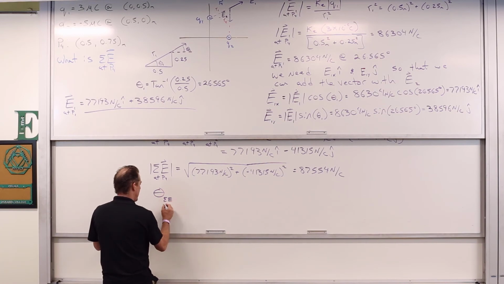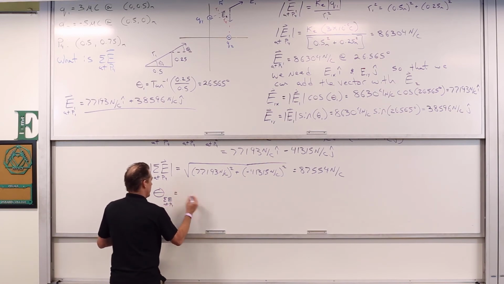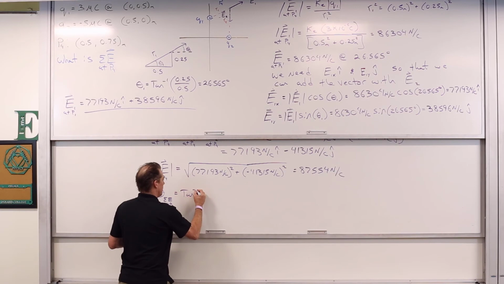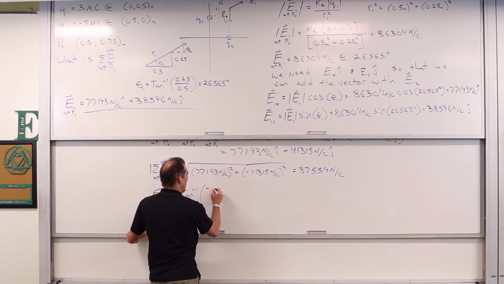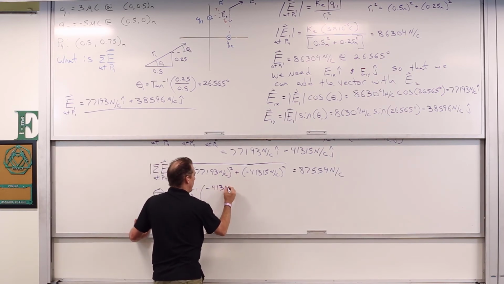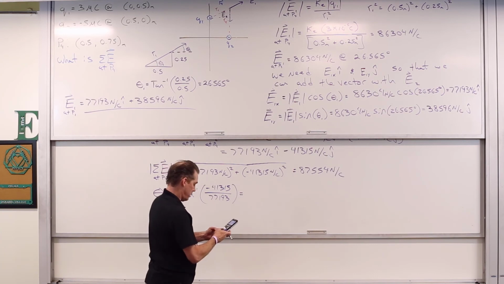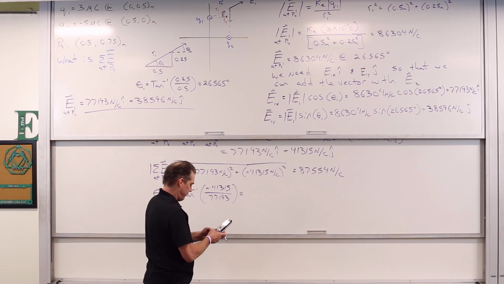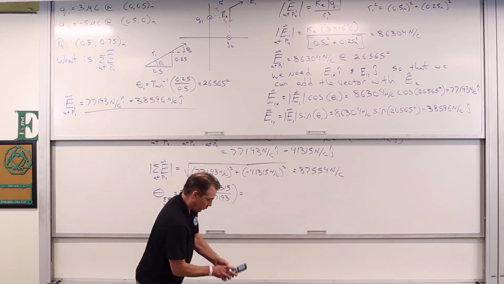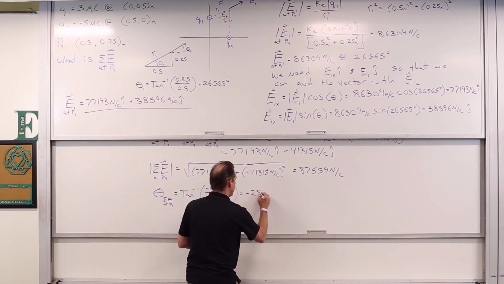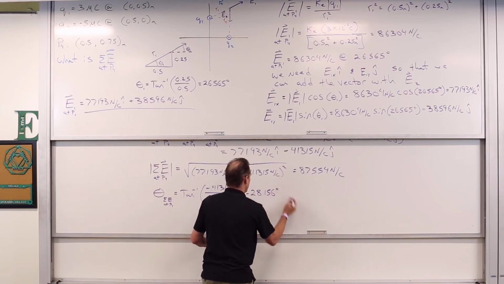And then we need the direction as well. Theta of sigma E hat at P4 is going to be gotten by the arctangent of the y component over the x component, negative 41,315 divided by 77,193, which is equal to the arctangent of negative 41,315 divided by 77,193, which gives negative 28.156 degrees.